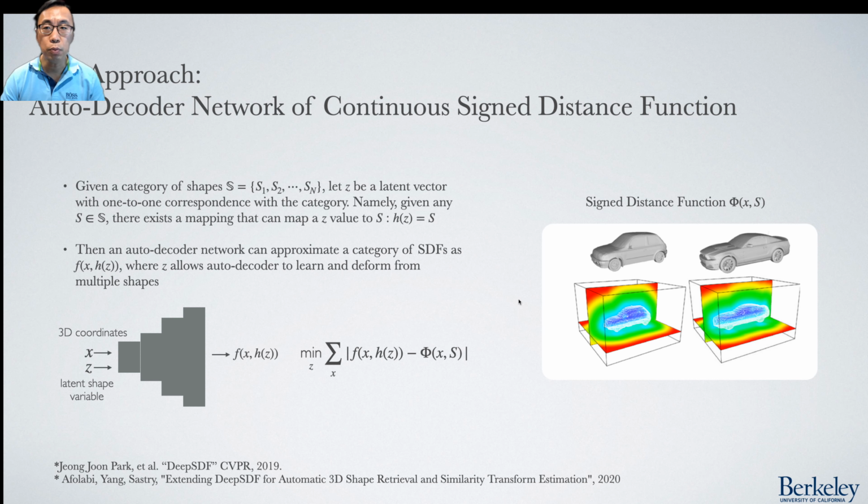With the added input dimension of this latent shape variable, we can then use training shapes to optimize the autodecoder network parameters, such that given a training shape S, there exists a one-to-one correspondence between the Z value and the training shape S and its corresponding signed distance function.